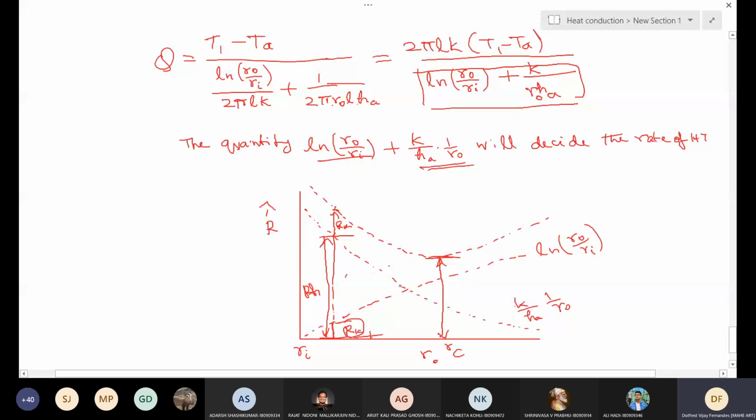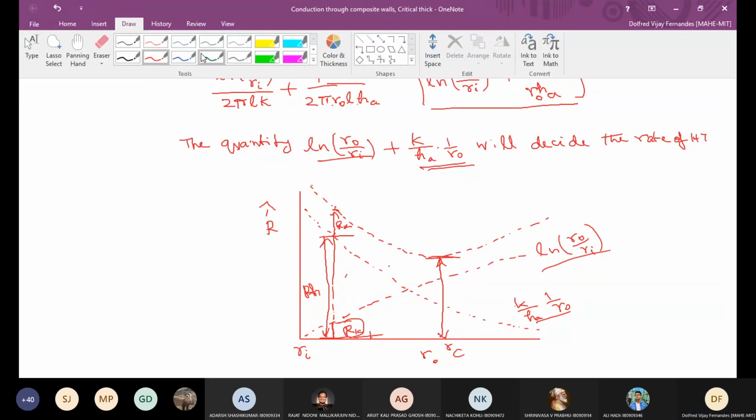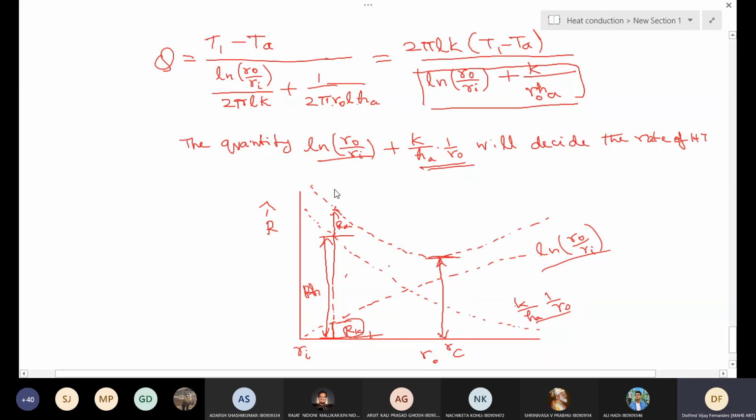That depends on the slope, or the nature of these two curves. The only thing you should know is that this is a summation of the two curves.